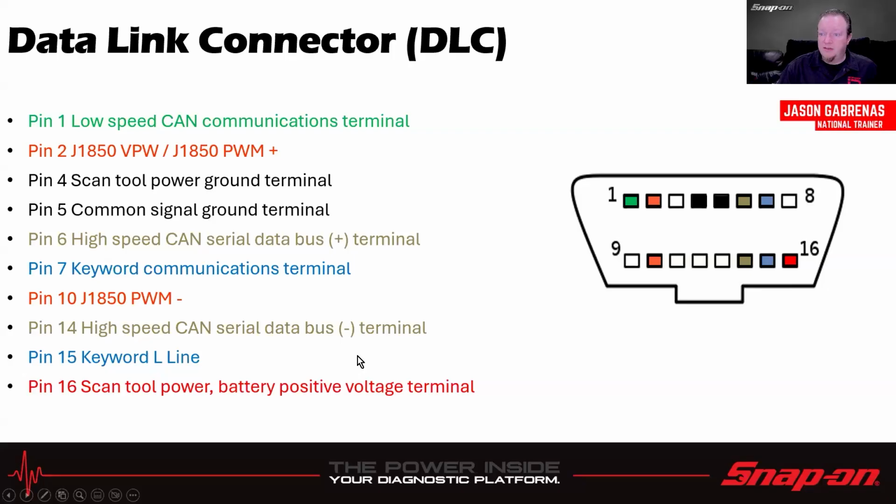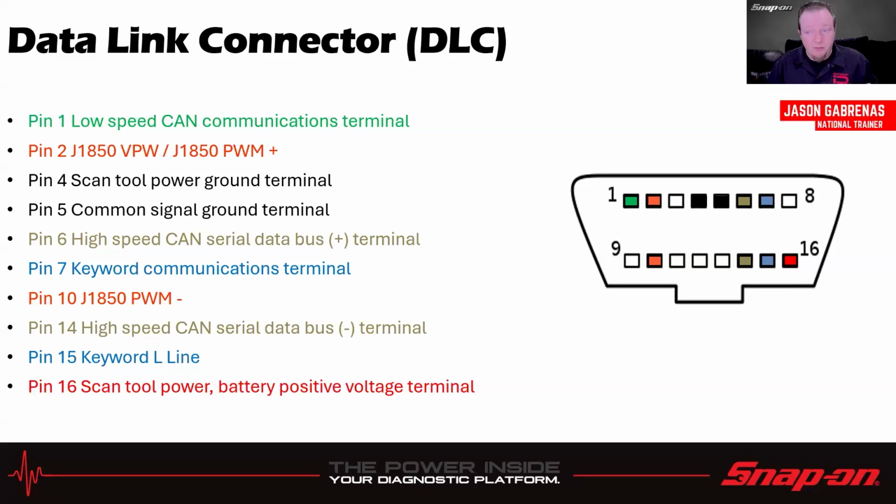Pin 6 and 14 is going to be your CAN bus, your main CAN bus. There can be other multiple medium speed CAN and low speed CAN and other CAN bus communication pins on other pins. But the main engine, transmission, body, all that will be on pin 6 and 14. And then pin 7 is K-line for keyword. And then pin 15 is L-line if they have one to match.